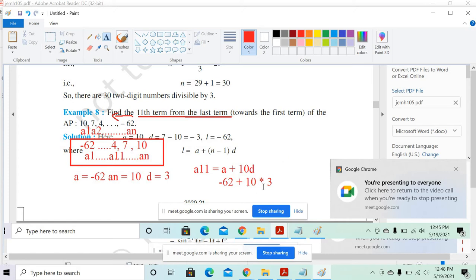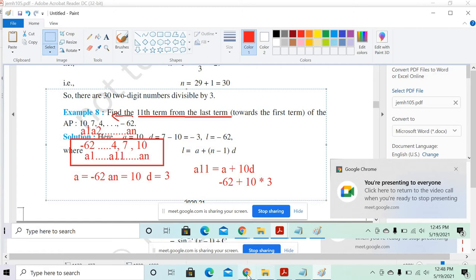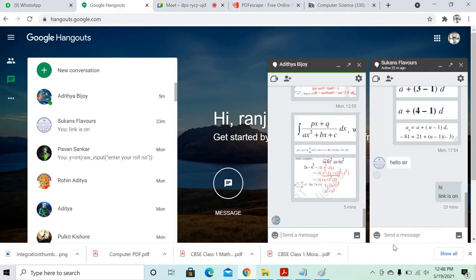You getting? So this will become the 11th term. Yeah, I got it. You just have to substitute the values. Yeah, correct. Okay, just try it out now. Okay, I'll send it to you.